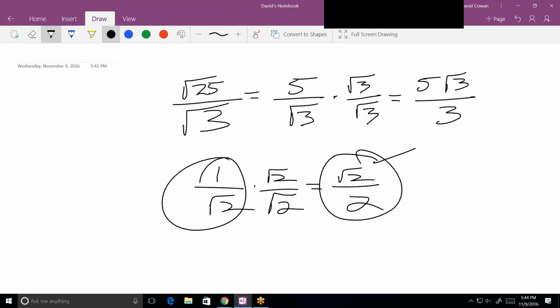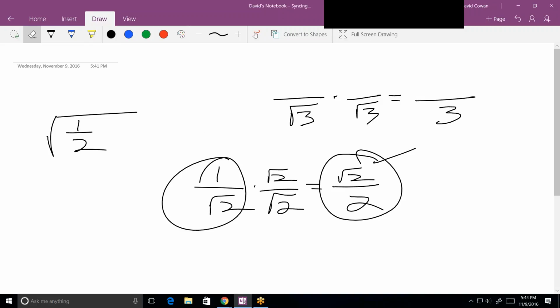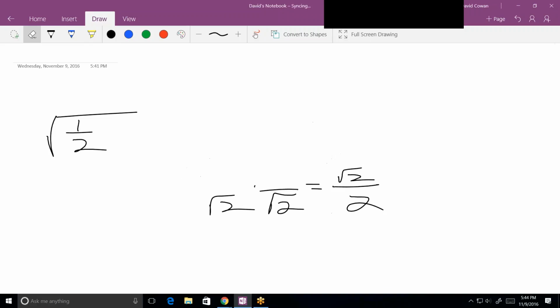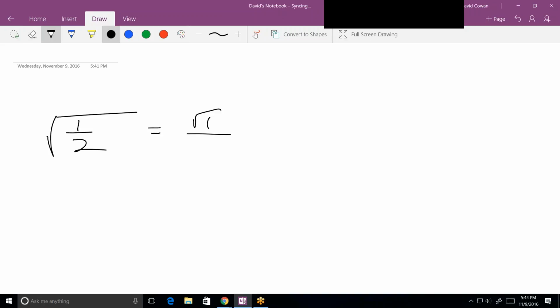Now, let me just say one thing. If I was taking the square root of 1/2, that actually requires rationalization. Why? Because the square root of 1/2 is equal to the square root of 1 divided by the square root of 2, which is equal to 1 divided by square root of 2.